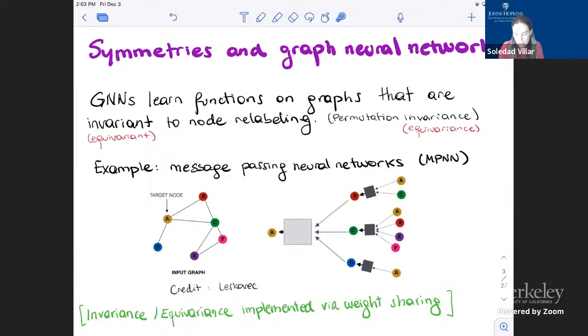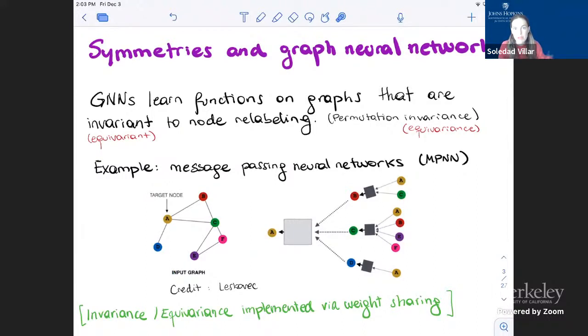And so one way of implementing something that satisfies that property is by doing message passing, which doesn't even see any adjacency matrix. There's one message function that is learned and applied to every node, and every node sends a message to their neighbors.